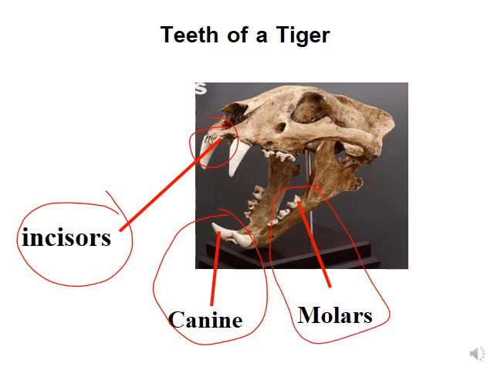So as we said, herbivores have developed incisors to cut the food into smaller pieces, and they have developed molars in order to grind.